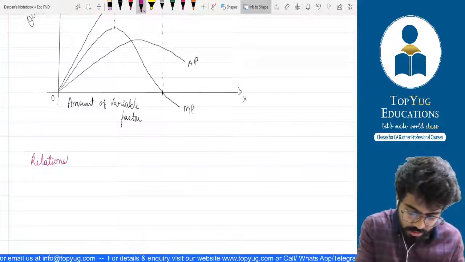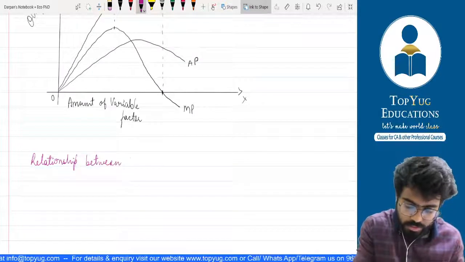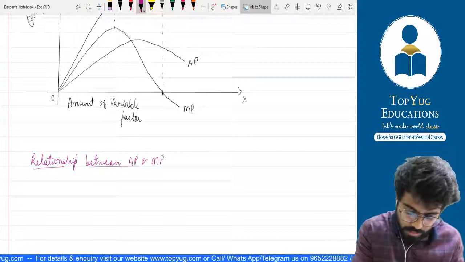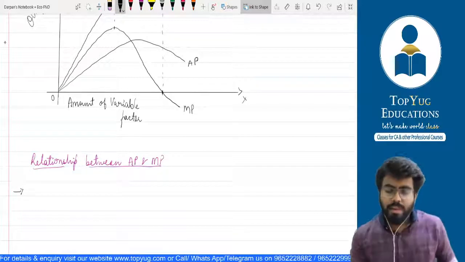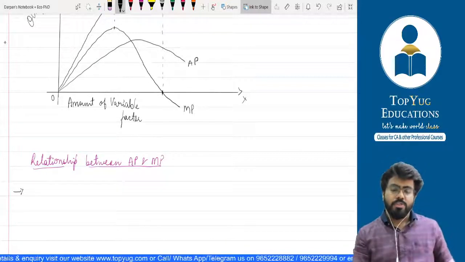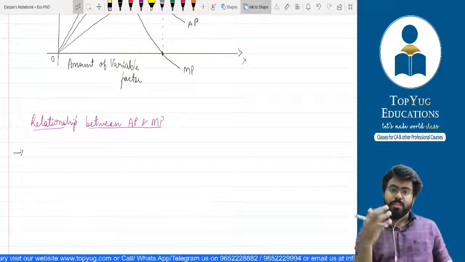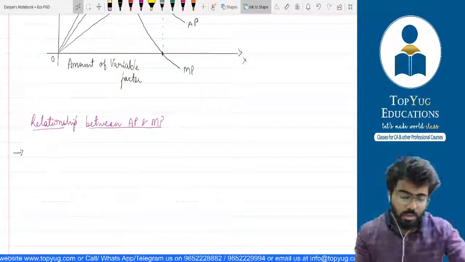So write down the relationship between AP, average product, and marginal product. What is happening in this? Whatever we saw on the table and graph, we are noting these points down. So note down.